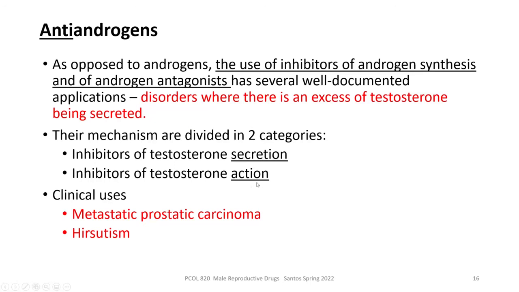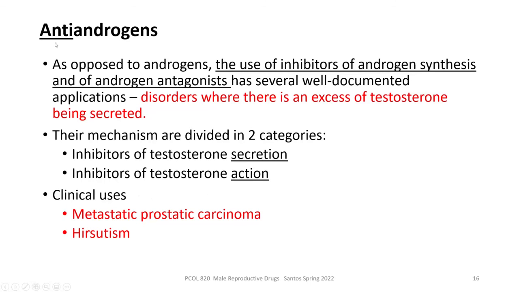The ones that interfere with the secretion act on the hypothalamic and pituitary release of those hormones. And the inhibitors of testosterone action will be somehow inhibiting or reducing the effect of the binding of testosterone to its receptors.